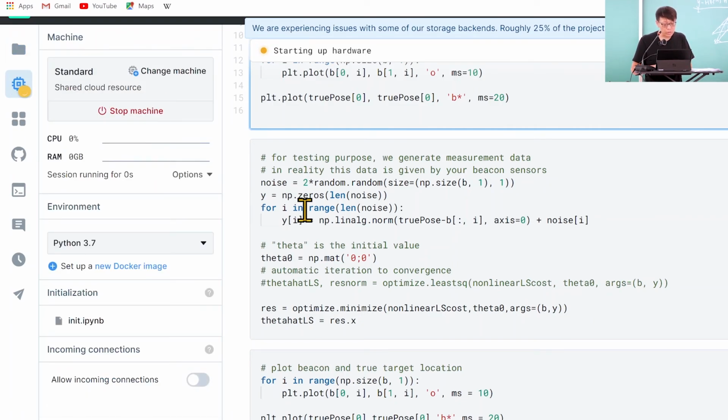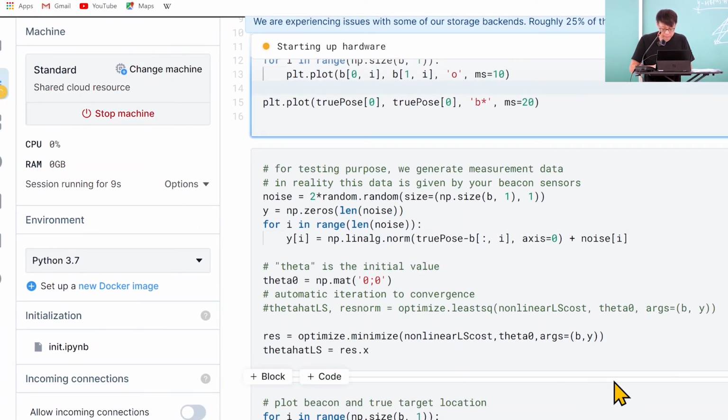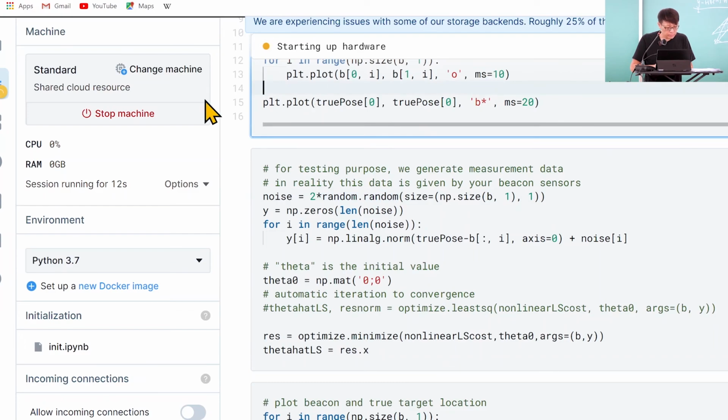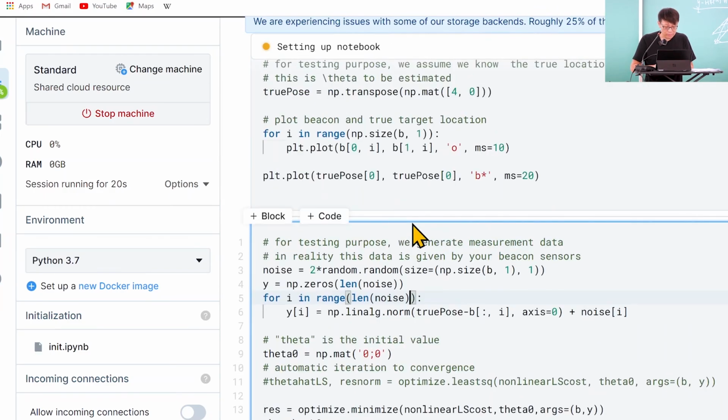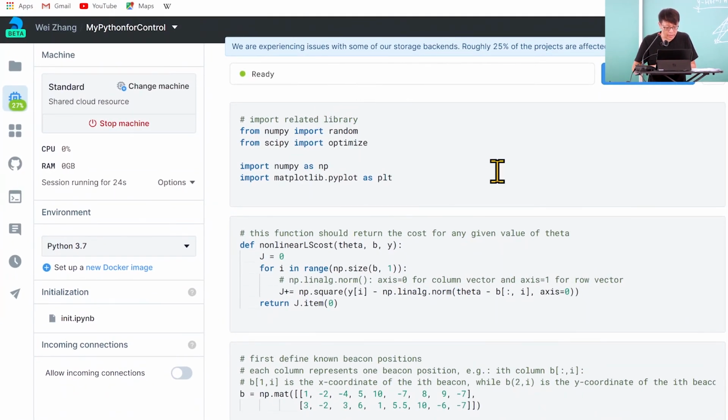Remotely, they will start a machine for me. Setting up hardware, I assume you can see it. Okay, ready.